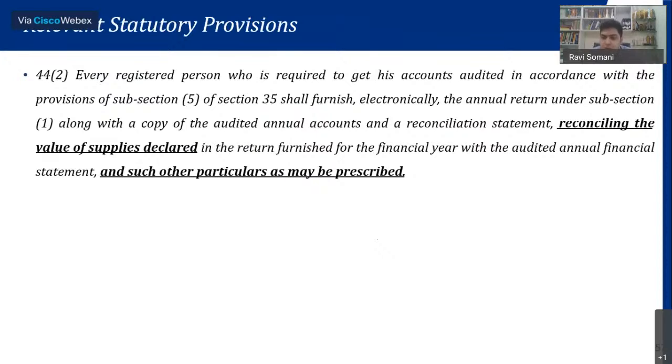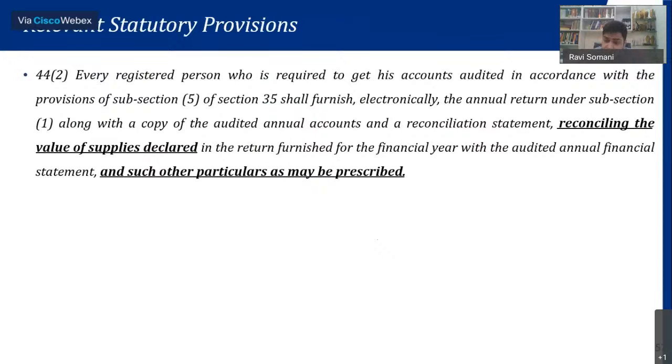If you see Part B of the form, it says whatever you are certifying to be true and correct, true and fair, do you think it is true and correct or true and fair, or do you have any qualifications, reservations, remarks, observations to be given? You have to mention that. It has been specifically asked. The other particulars have been prescribed.